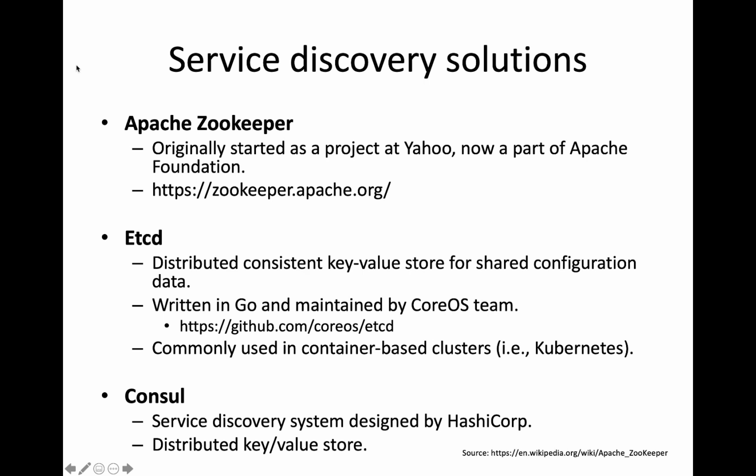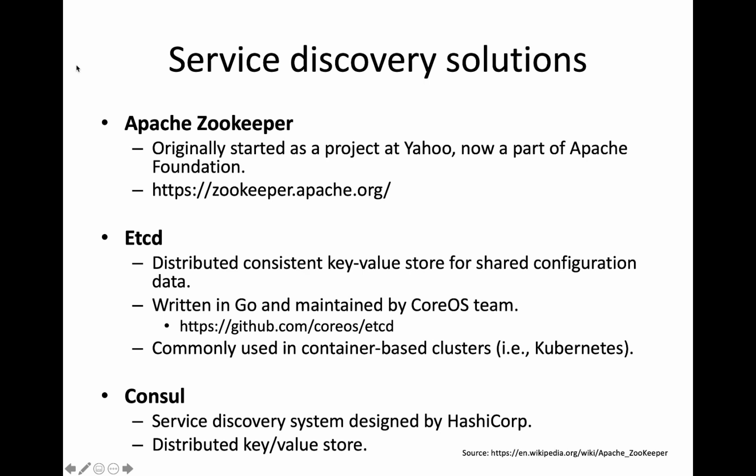You'll also find another solution called etcd, and etcd is a distributed key value store that you can utilize for storing shared configuration information. It was originally written and maintained by the Core OS team.